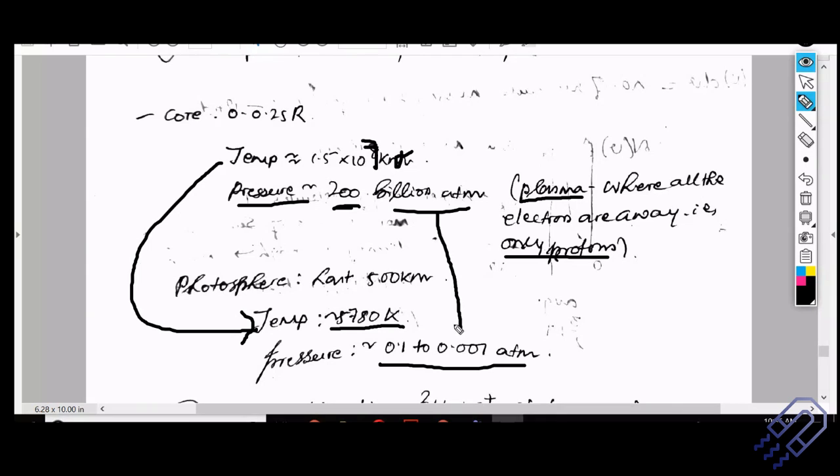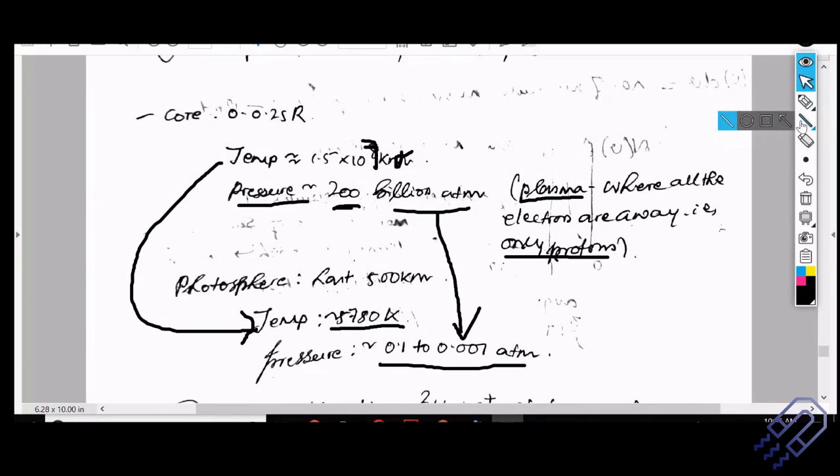The pressure and temperature drop so drastically that you cannot expect any kind of reaction happening there. Whatever energy we get is generated in the core, and then by the physical processes that we know, it is transmitted from one layer to another, and finally reaches the Earth's surface for our survival.